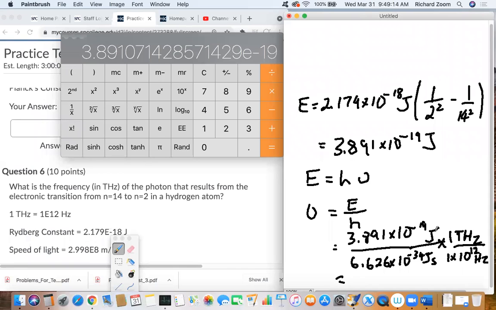So you'll notice that the joules will cancel and the per seconds will cancel with the, oh, I think I made a mistake there, didn't I? We need the hertz on top here. Or do I? Hang on.